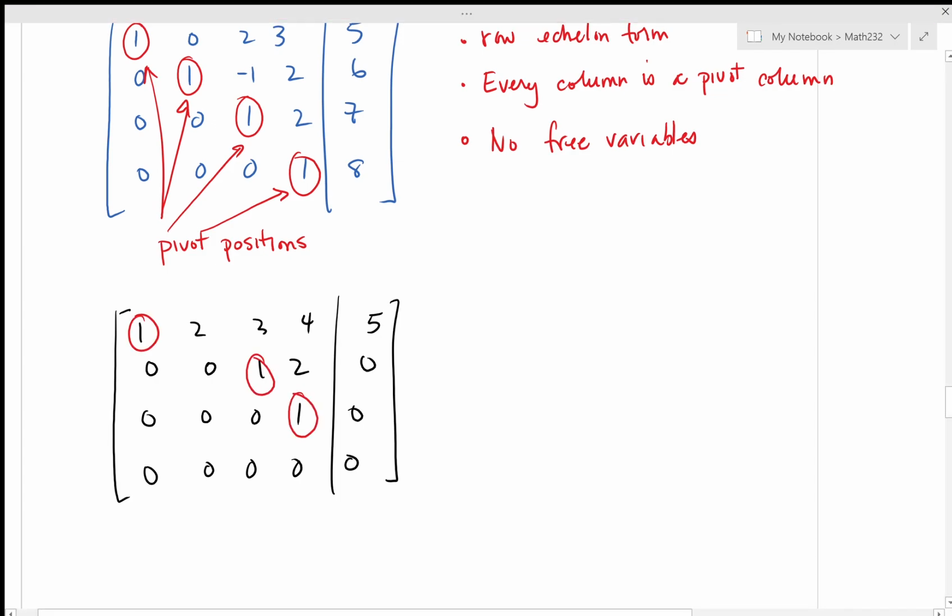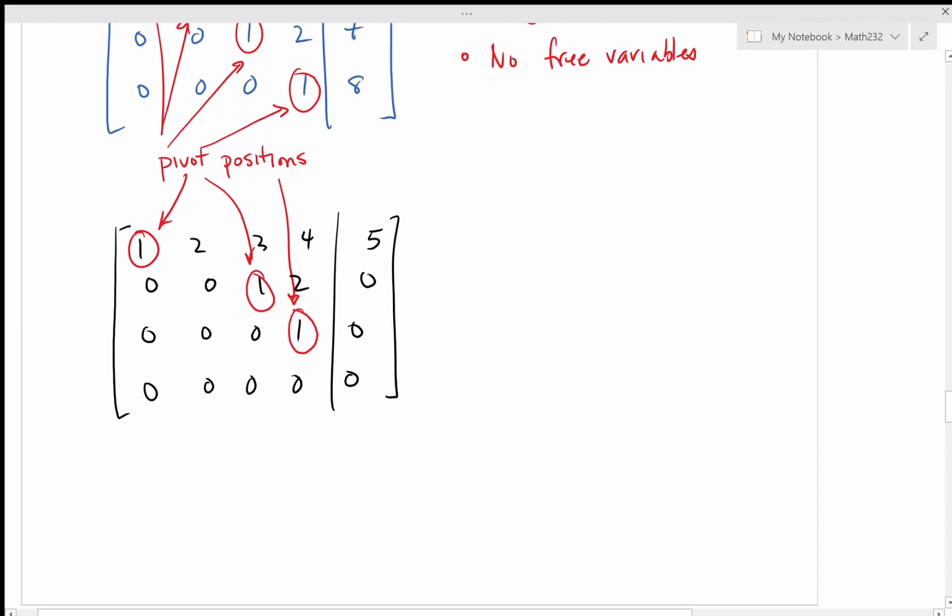It's in row echelon form. Those are the pivot positions, and those are the pivot columns.